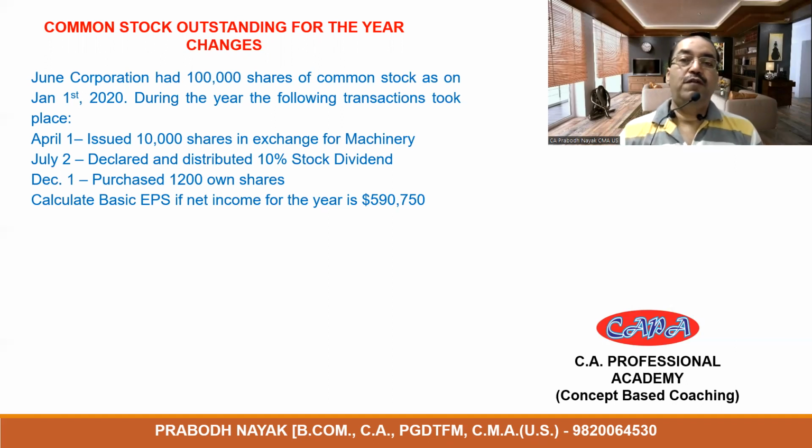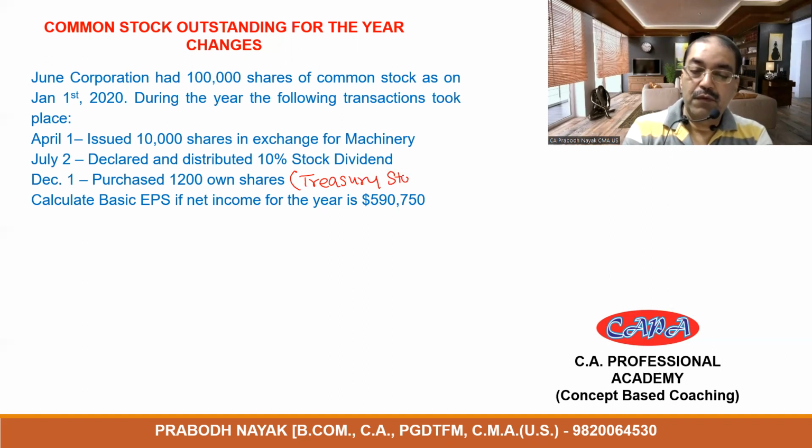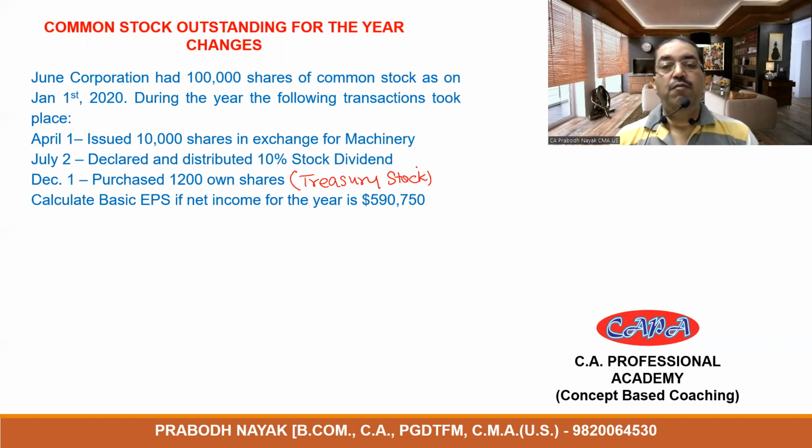Now, as you must have learned, when we buy back our own shares, we call it treasury stock. So in bracket, I will write here treasury stock. So when you buy back your own shares, it is called treasury stock. It will reduce the number of shares that are outstanding. Right?